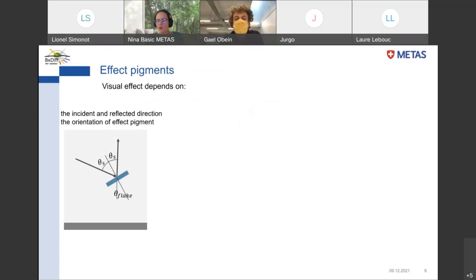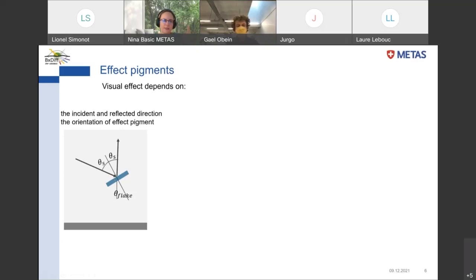Now, let's look at how these mirrors actually change what we see in the end from the visual effect. Because the reflection is specular, of course, everything is geometry dependent.